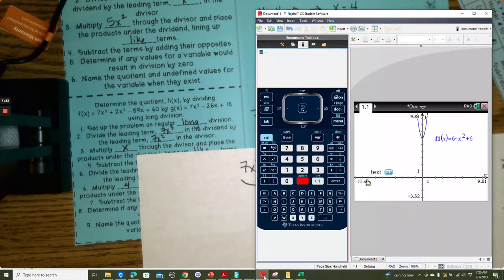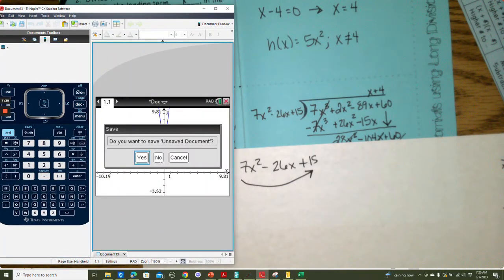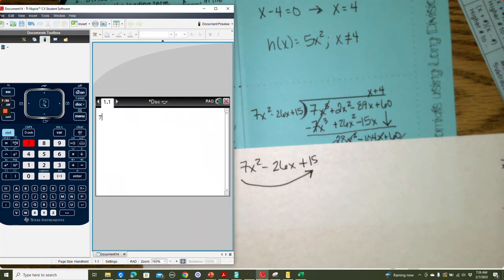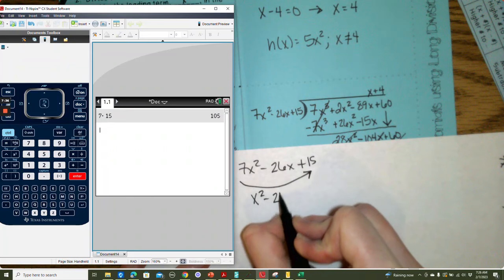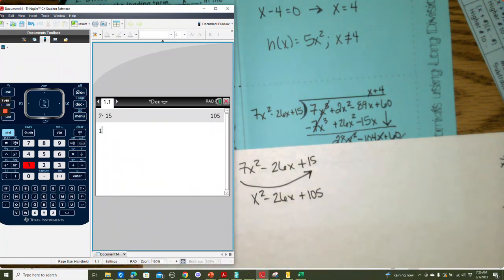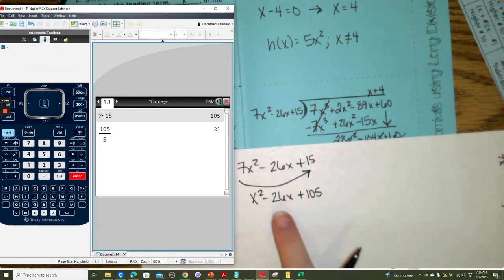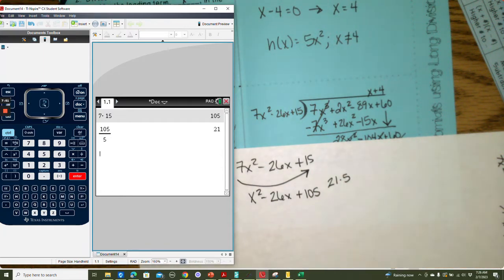So I'm going to slip the 7 to the end. Let me get where you can see everything. Okay, so I can do 7 times 15 would give me a 105. Plus 105. And then I can factor 105. So let's see here. I need two numbers that are going to add or subtract to make a 26. Well, 105 is the same as 21 times 5.